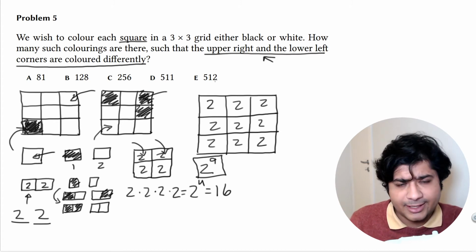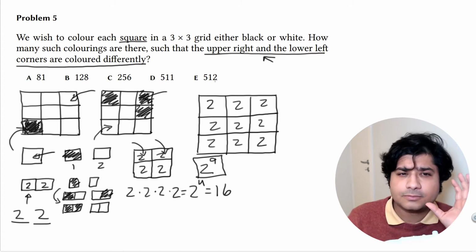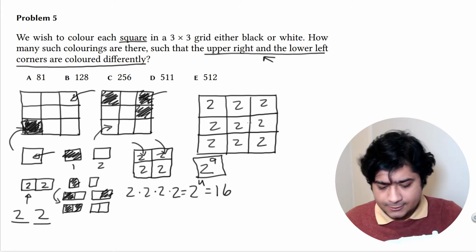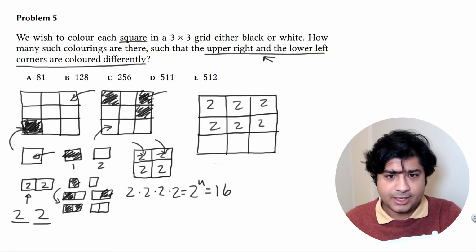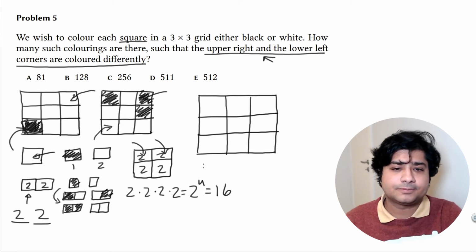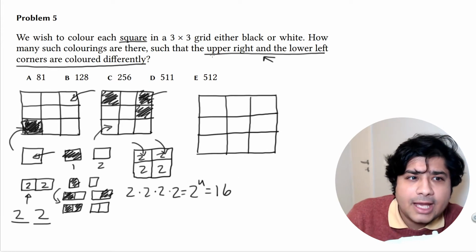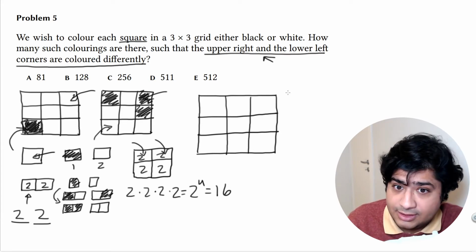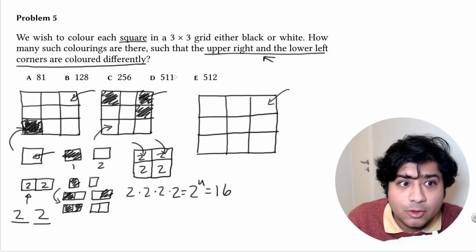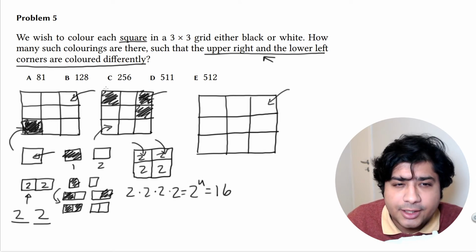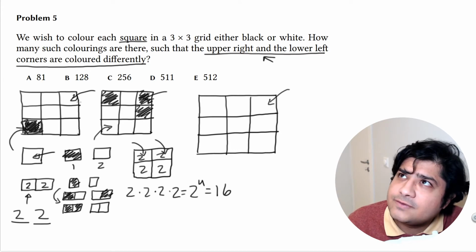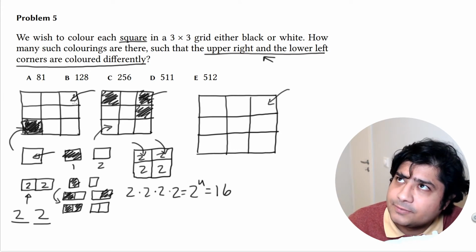So how can we think about this? Well, let's look at the criteria one by one. So let's go back on this. I can use the same figure. So it's saying, how many such colorings are there such that the upper right, this one right here, and the lower left corners are colored differently? All right, so they have to be colored differently.